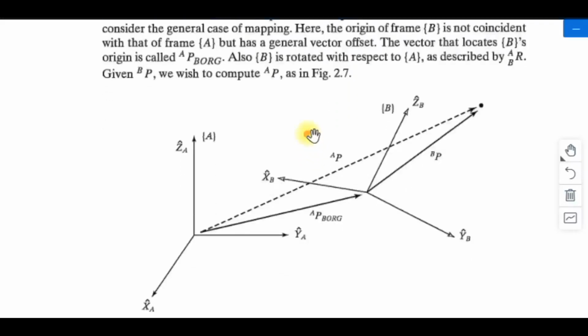So the mapping involves three parts. First part is a reference, that is here the reference coordinate system, the body attached coordinate system. So when the body attached coordinate system is translated to the point, means its origin is translated here.